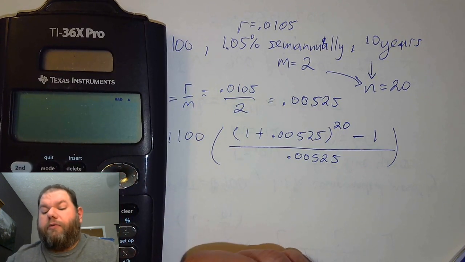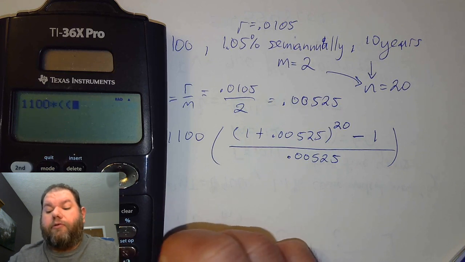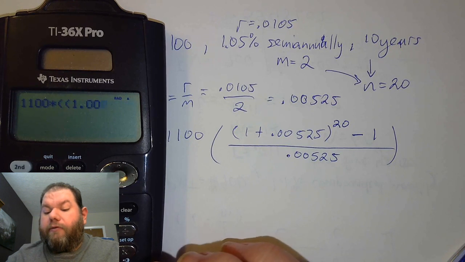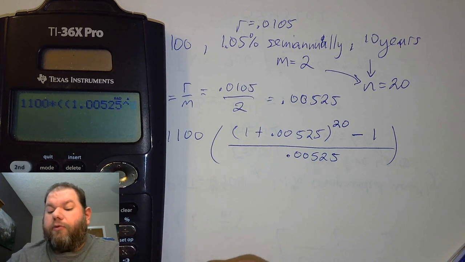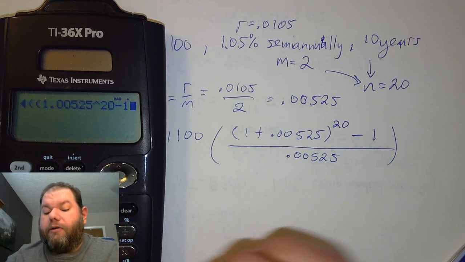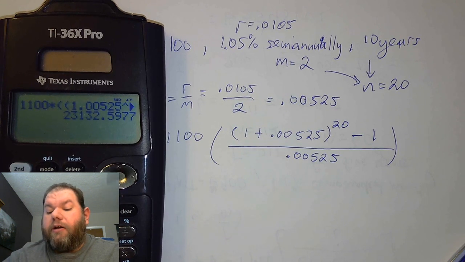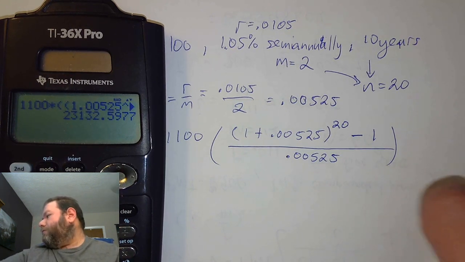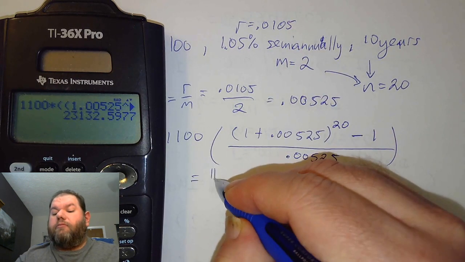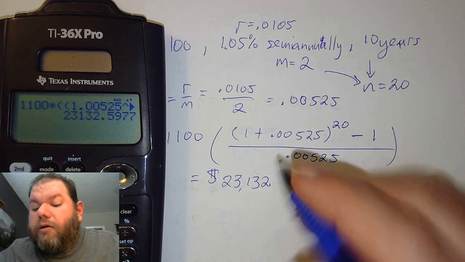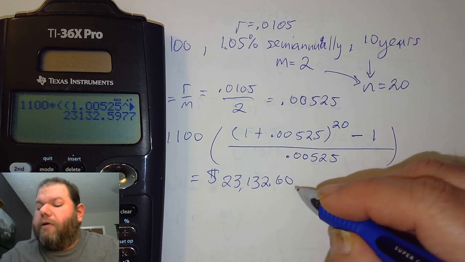We start off, we can do 1,100 times, open 2 parentheses, and we'll do 1.00525 raised to the 20th minus 1, close 1 parentheses, and then divide by 0.00525, close the other parentheses, and that should give us our answer. This is 597, so we'll round that to 0.60.